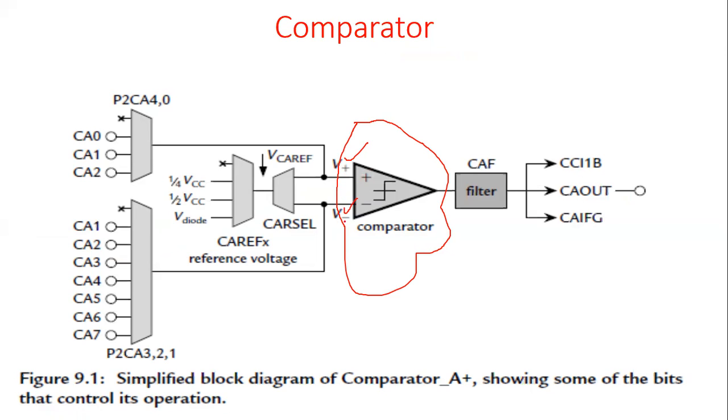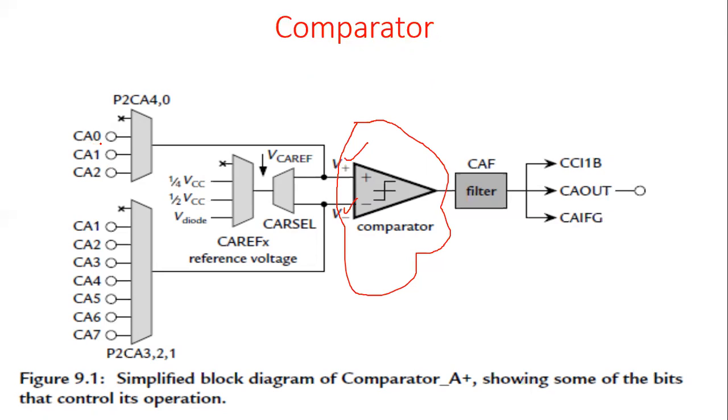V plus is connected to four inputs. In these four inputs, one input is not used. The remaining are comparator A.